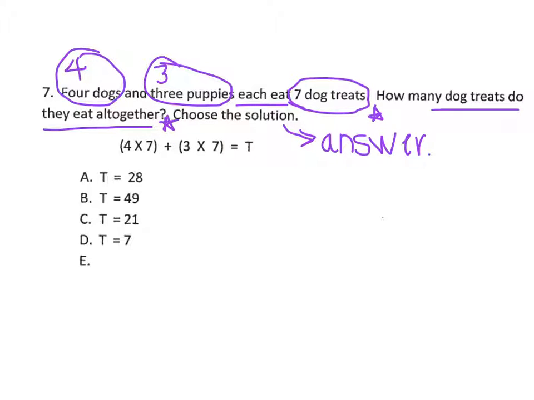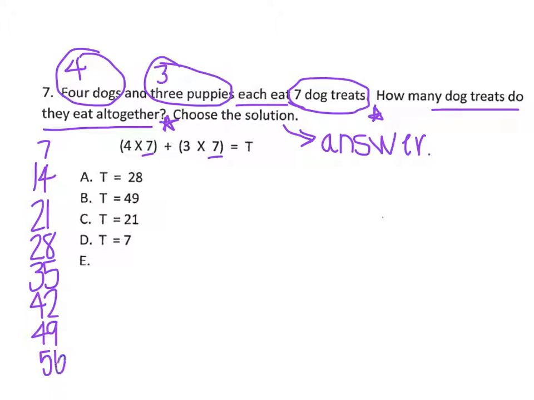So since I am multiplying by 7, I'm going to write the 7's down. So 7, 14, 21, 28, 35, 42, 49, 56, 63, and 70.